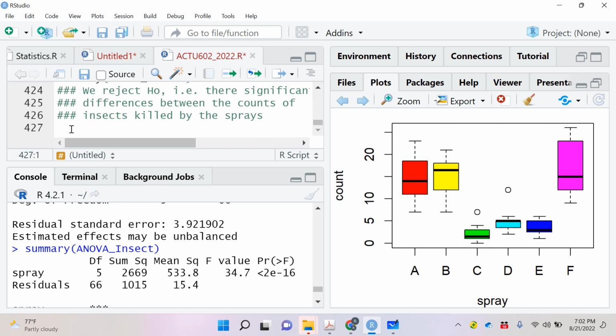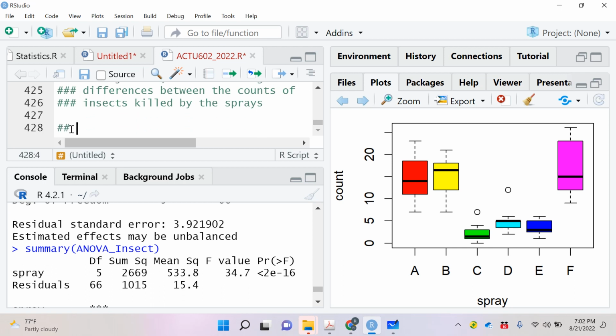Now the question is, so what do we perform? A post-hoc test. Perform a post-hoc test.